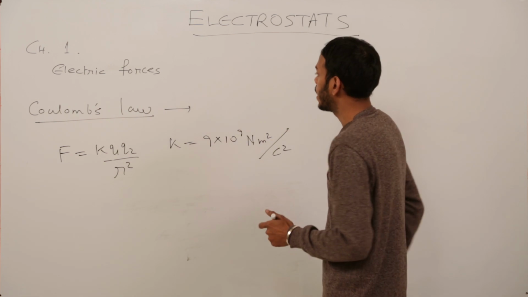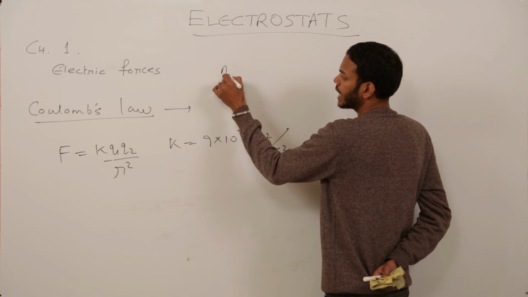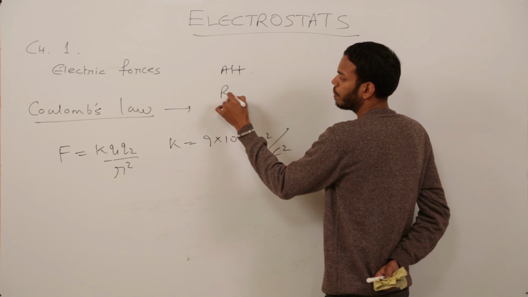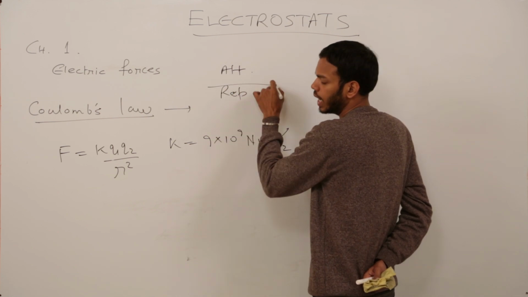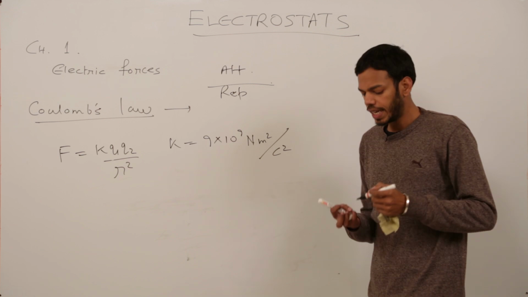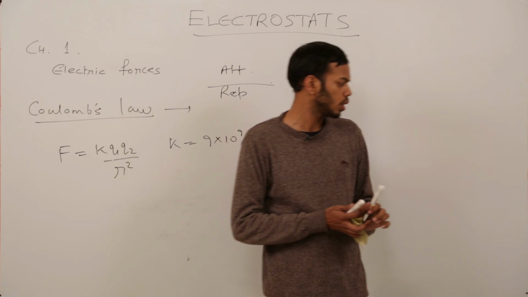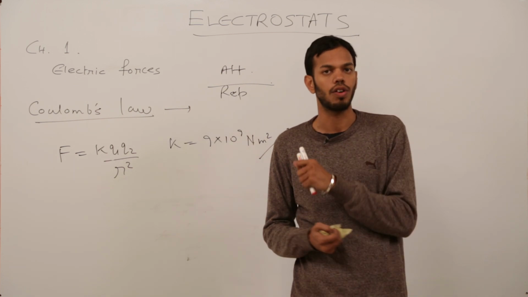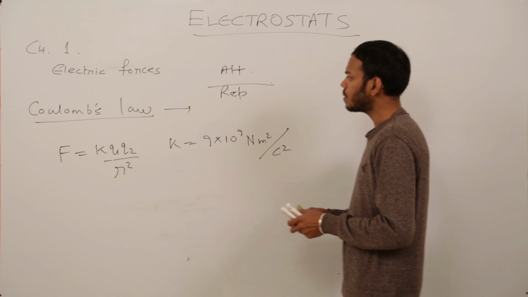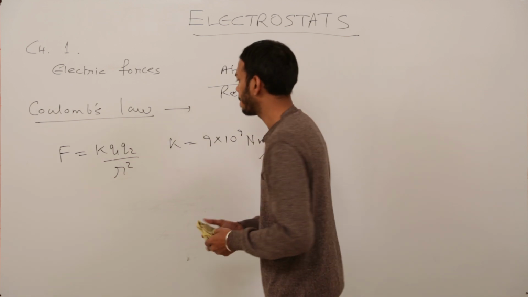Coming back to my point, why did I not use the word attraction or repulsion? Why did I use the word interaction? There is a very famous confusion among students about using Coulomb's law in vector form. What is vector form?